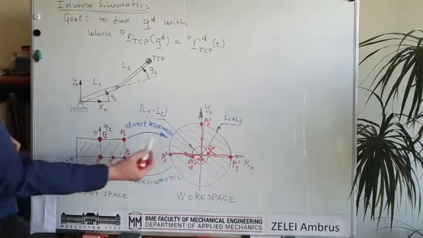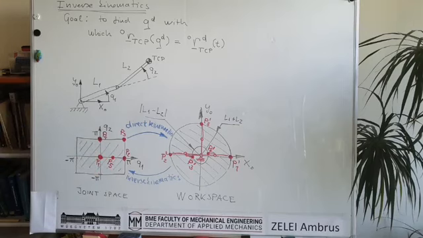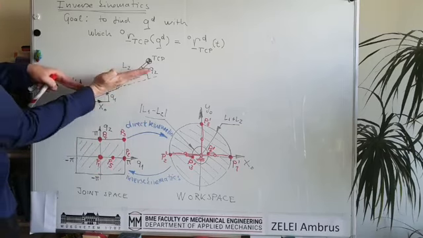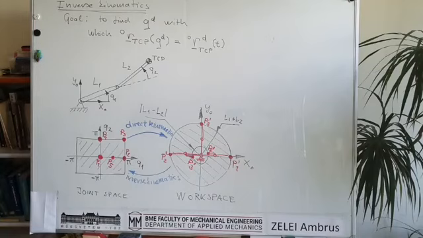Okay, so the main thing is that you can choose any point here in the joint space, which means that you set your joint angles to a certain value, and then you can calculate the position of the tool center point in the real physical space, which is also referred to as workspace.